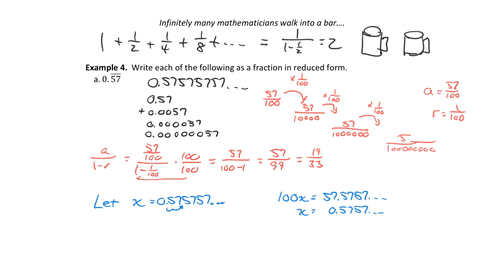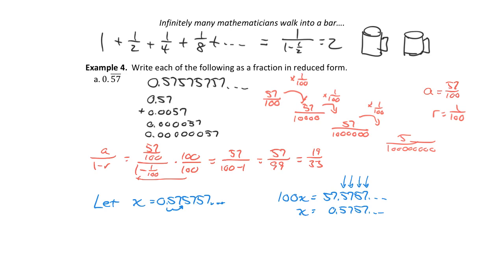X, remember, was 0.5757, and so on. Now, what's nice about this is that in each of the decimal places, the same number appears. In the 10th place, we have 5s in both numbers. In the 100th place, we have 7s in both numbers.